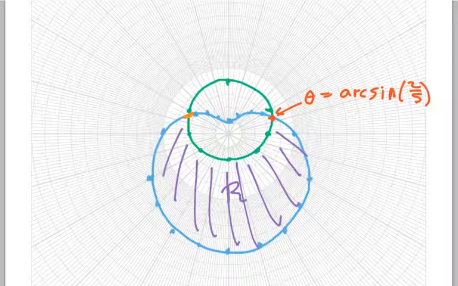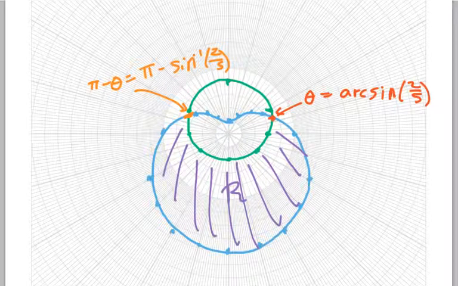Now you can go back to what we learned about reference angles, or you can take a cue from what we did earlier about finding symmetries. This is going to be pi minus theta. Pi minus theta has the unenviable name of pi minus arc sine of 2/5. Yikes. And there's not really a better way to express that.